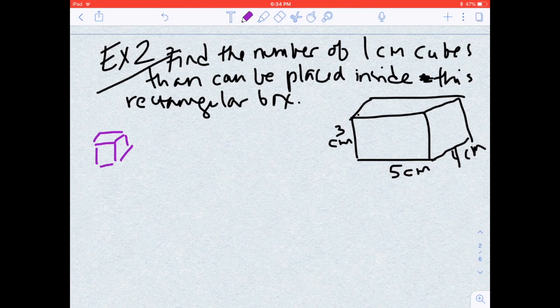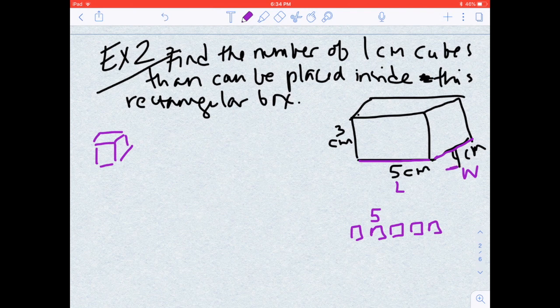Okay, so for this example, I'm looking at my base and my width. I can think of this as my length times my width. I'm going to start there. So I'm saying I have 5 little cubes on this part, and they're in rows of 4.